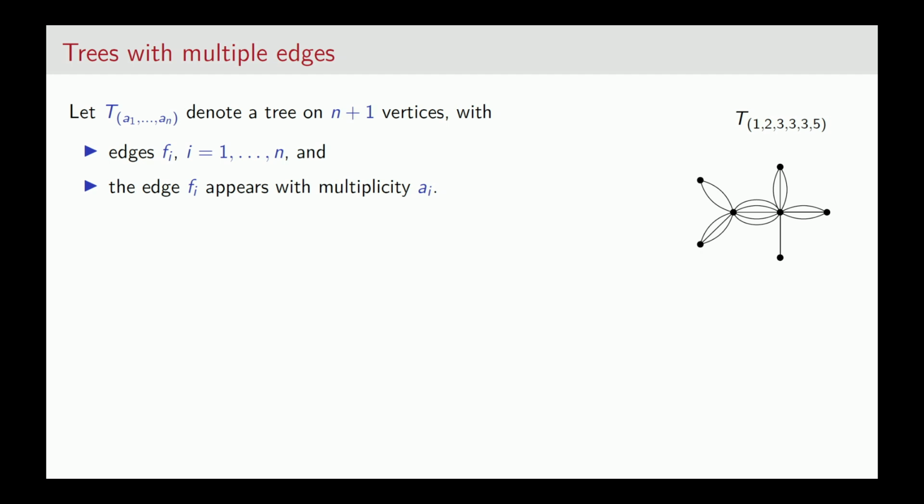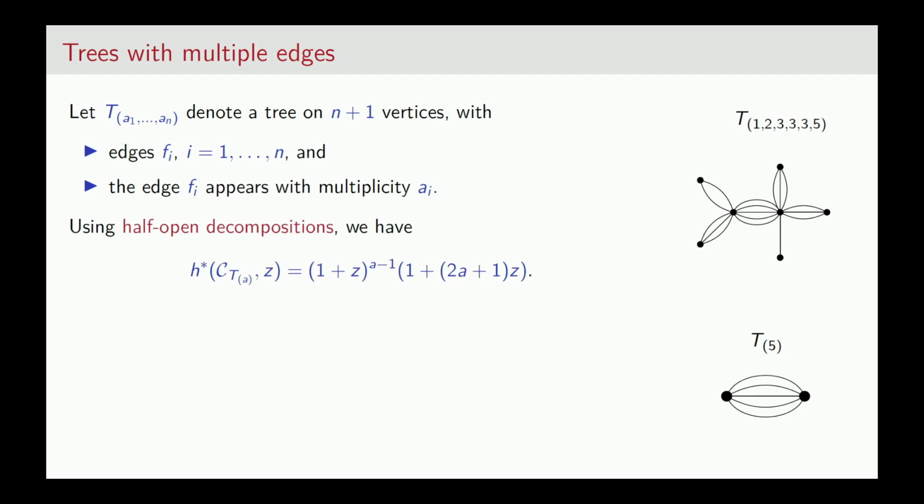The notation is, for example, here 1, 2, 3, 3, 3, 5, which just means I have one edge with multiplicity 1, one with multiplicity 2, then multiplicity 3, 3, 3, and then 5. And we already know by this one sum result that we only need to compute the H-star polynomial of a multiple edge.